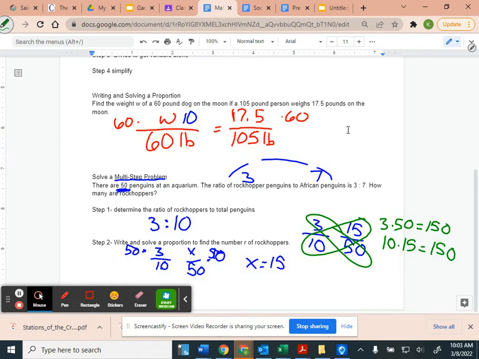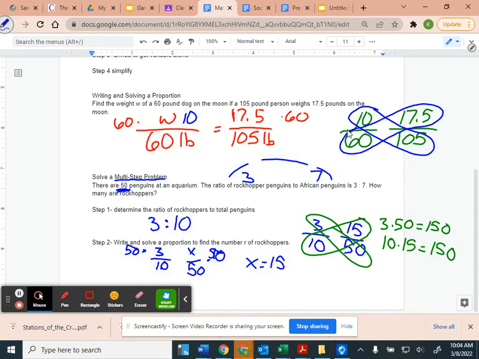If we come up to our dog on the moon, we said a 60-pound dog on Earth is 10 pounds on the moon, and 17.5 on the moon for a 105-pound person on Earth. We can check our answer by finding those cross products. They will equal the same.